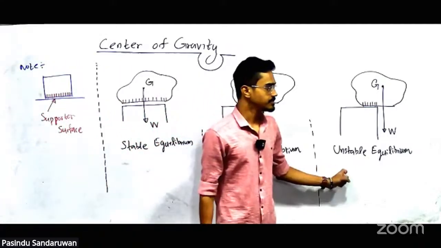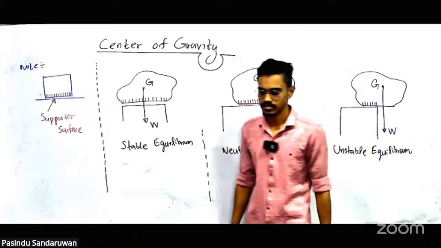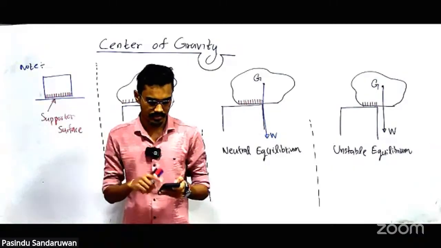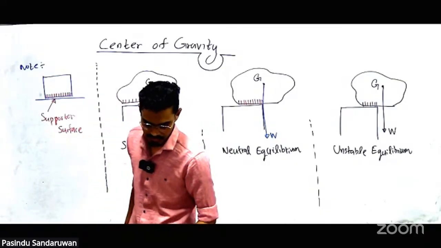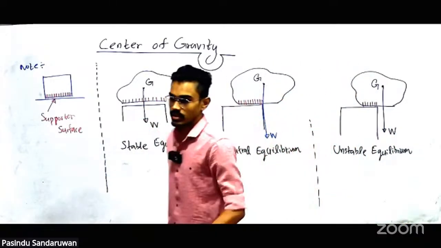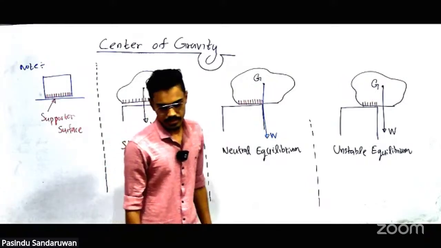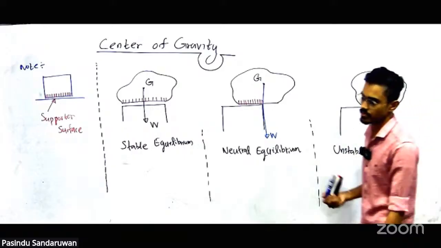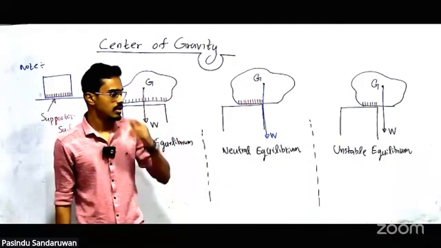Now, unstable equilibrium. If the center of gravity, or acting line of weight, is outside the supporter, it is called unstable equilibrium.